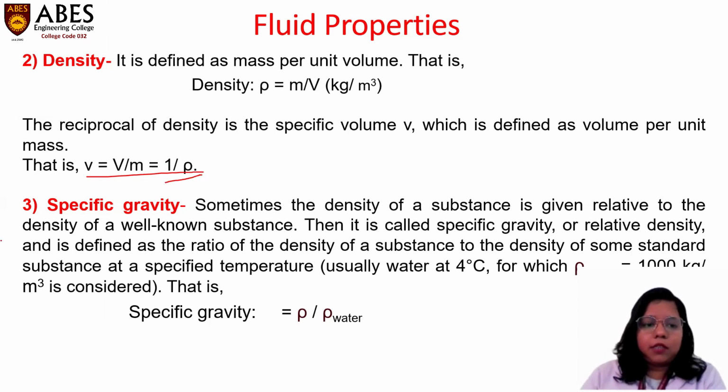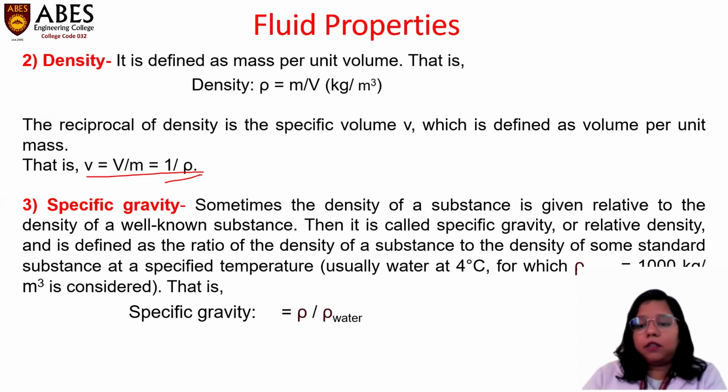The third property is specific gravity. Sometimes the density of a substance is given relative to the density of a well-known substance. Then it is called specific gravity or relative density, and it is defined as the ratio of the density of a substance to the density of some standard substance at a specified temperature. Usually that standard substance is taken as water at 4 degrees centigrade.